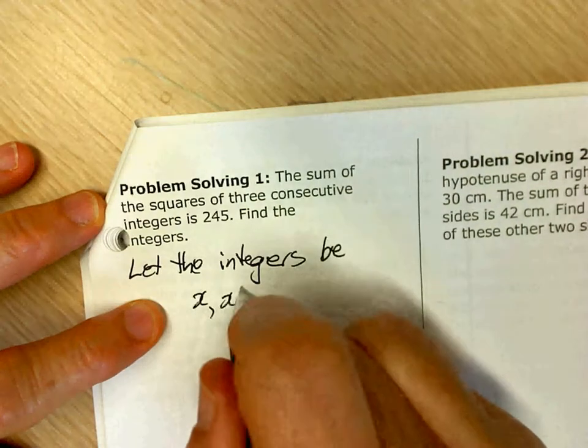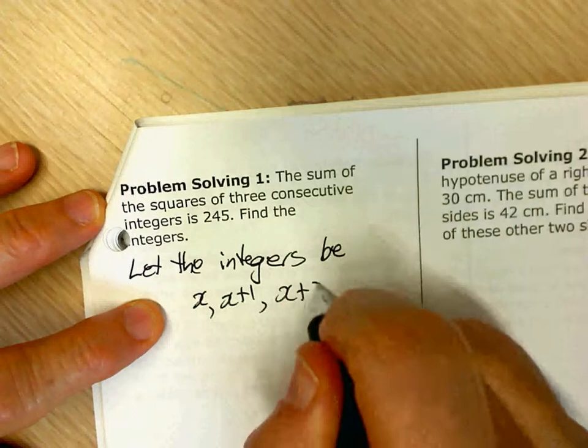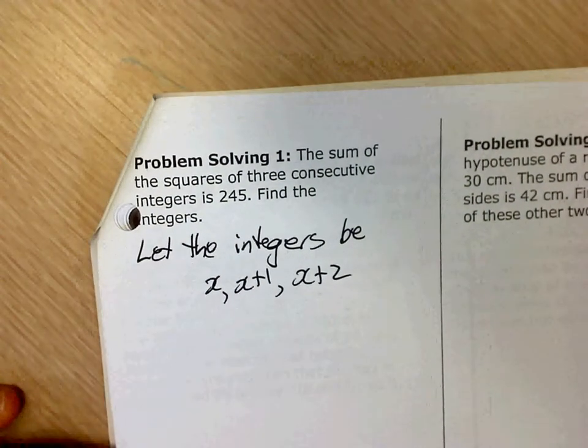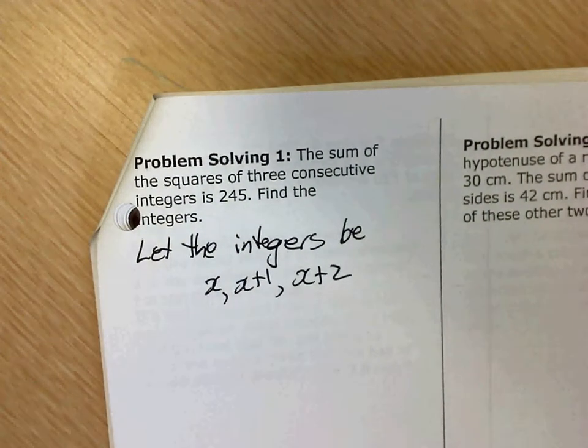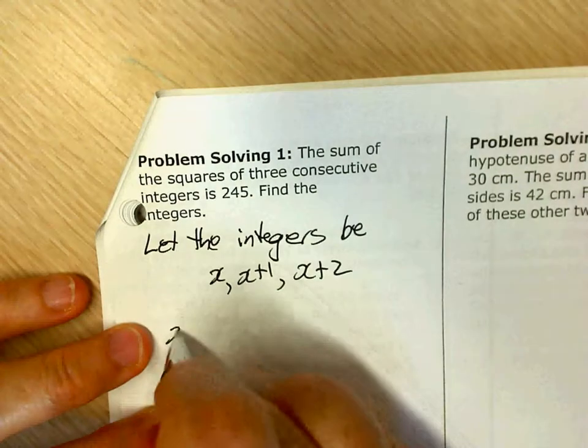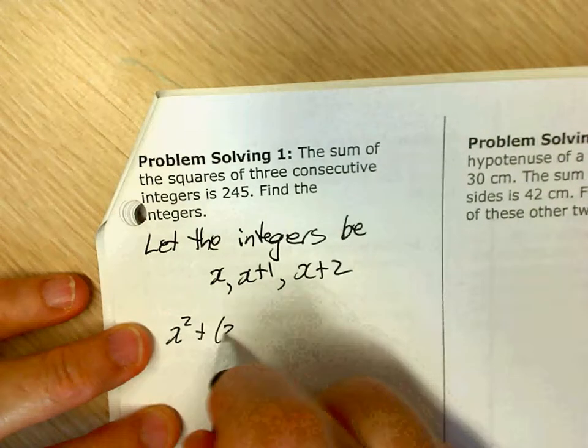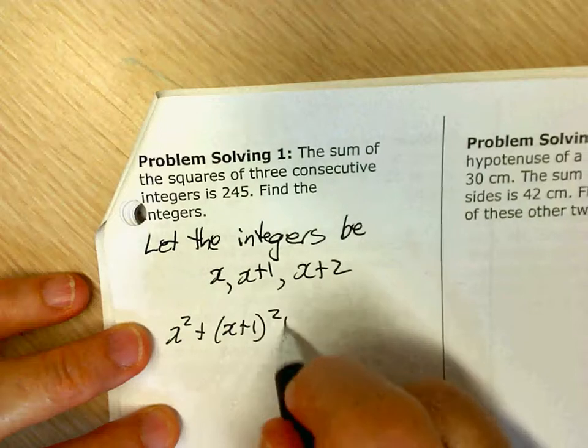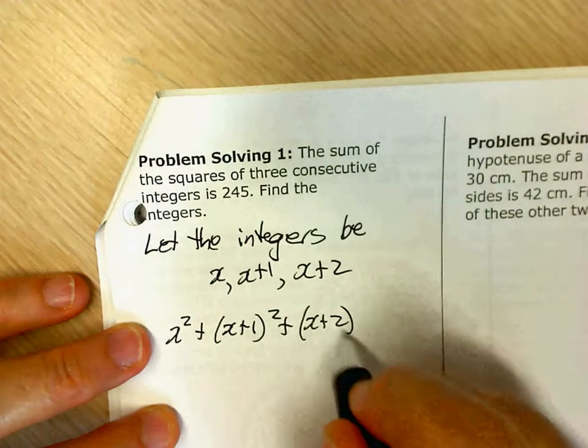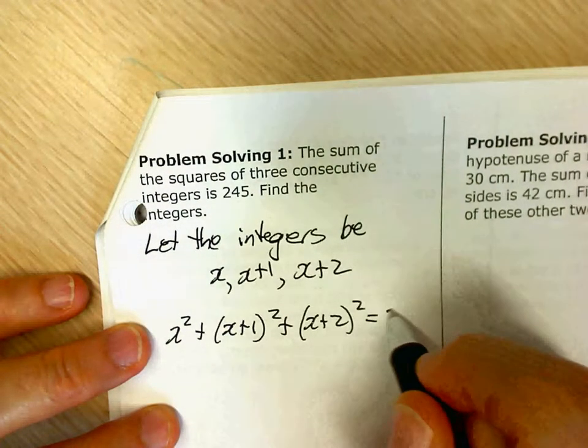Now the sum of their squares is 245. So x squared plus x plus 1 squared plus x plus 2 squared equals 245, right?